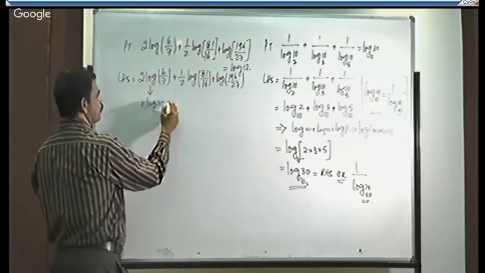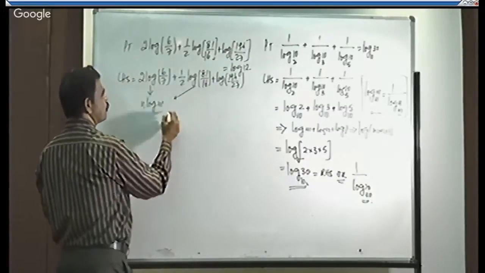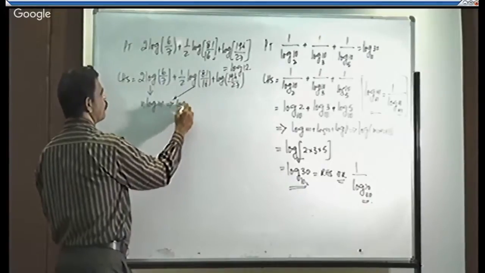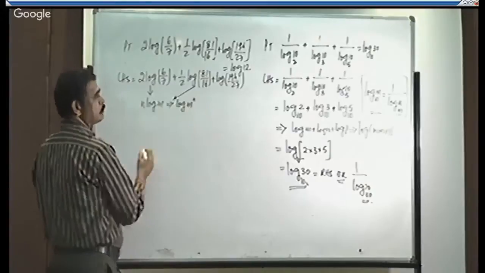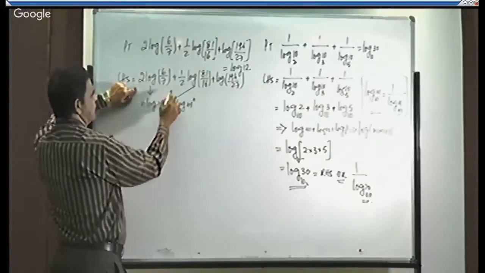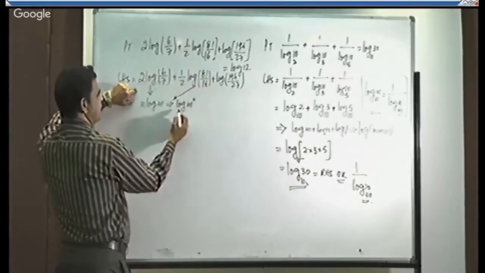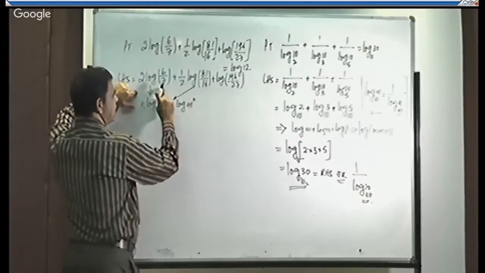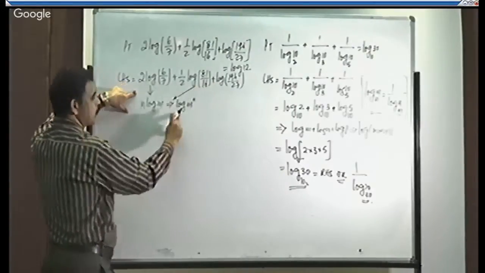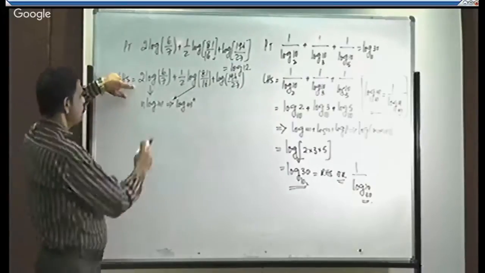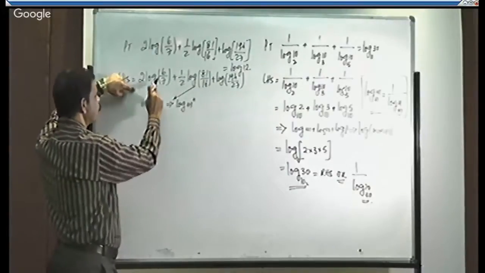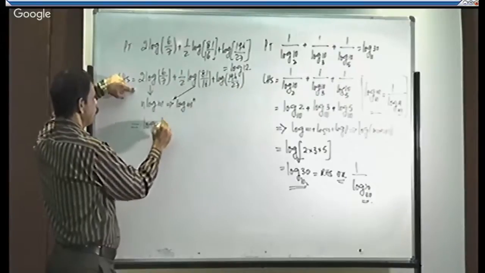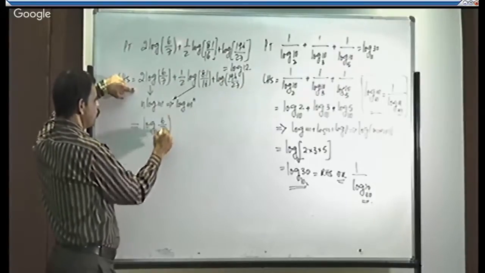This is also. For both, we should take them as log m to the power of n. N log m is always equal to log m to the power n. Write the first two terms according to this law. So according to this law, the first two terms become what? Log of 6 divided by 7 whole to the power of what?